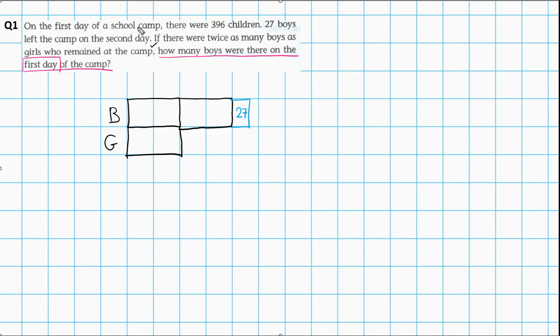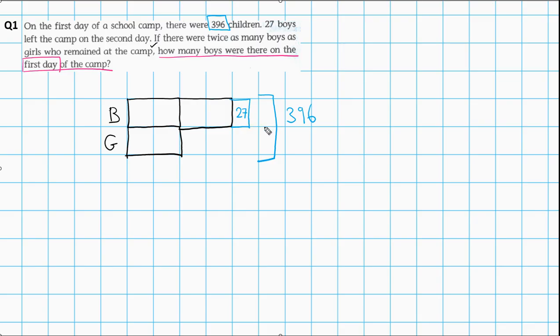So on the first day of school camp, there were 396 children, and 27 boys left. That's the other thing we also know: when we had these 27 children, there were 396 children altogether. So 396, what does that include? It includes these 3 equal sized parts and 27.